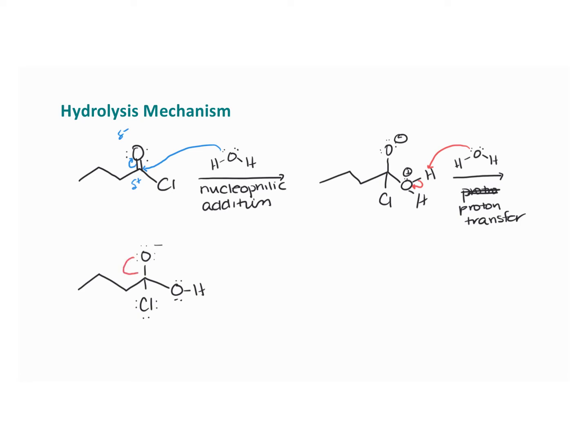So these electrons are going to come down here, right, and form a double bond. And then this is going to be our leaving group, and it's going to leave. Okay. So that's the nucleophilic elimination, right?